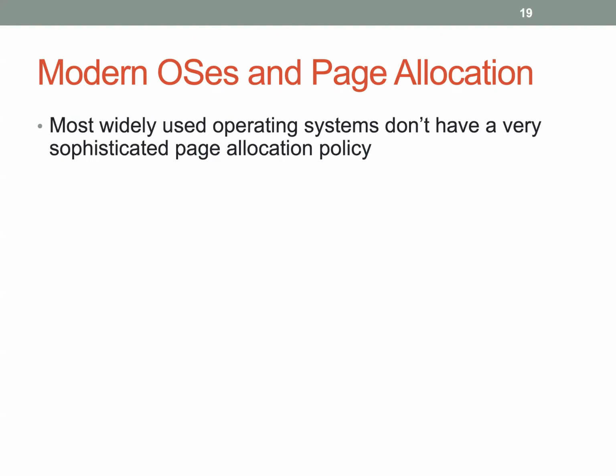If a process requires a new frame to satisfy a page in need, then it can take from the clean page pool and satisfy that request immediately. So that tends to be the approach of modern operating systems.